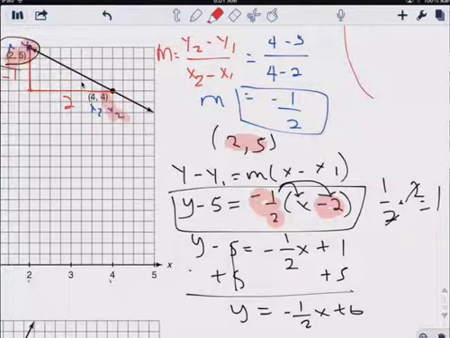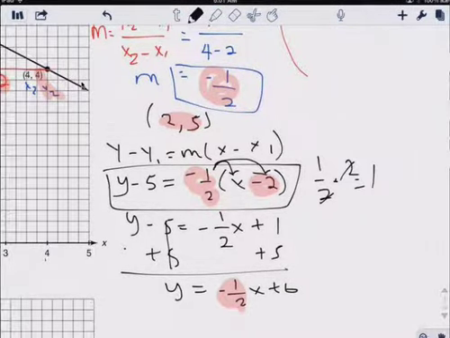And we know our equation is right because the slope is the same as the slope on the graph. And the slope is here. And it's a negative slope and the graph is going down. Okay?